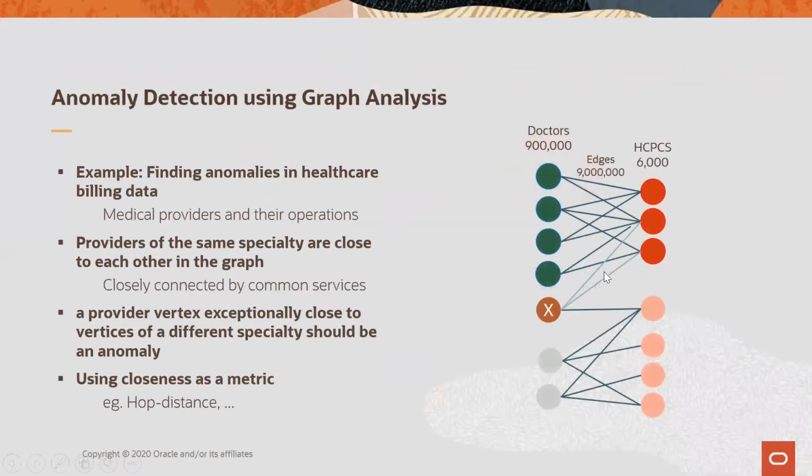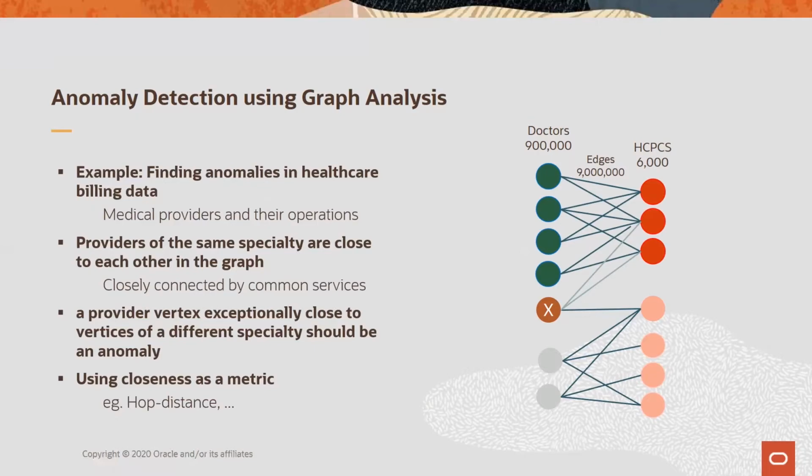Before I explain how graph analytics can be used in conjunction with machine learning, let me just quickly go over one example of using plain graph analytics for the purpose of anomaly detection, such that you can get an idea of how this can be used in basically any kind of scenario where relationships play a role.